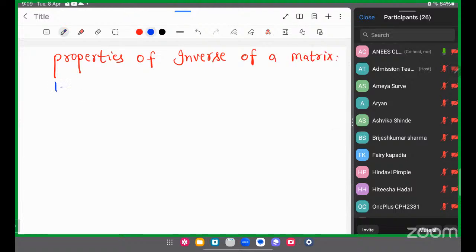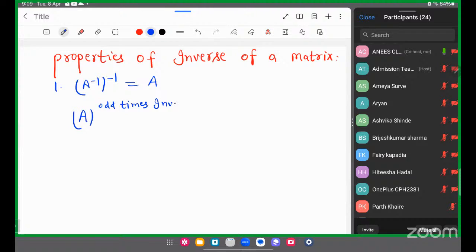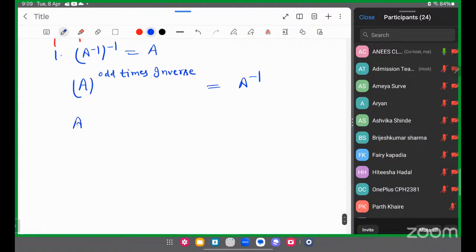First point is A inverse inverse will be A, which simply means if you take the inverse of a matrix odd times, the answer will be A inverse. And if you take inverse even times of a matrix, in that case, the answer will be matrix A.